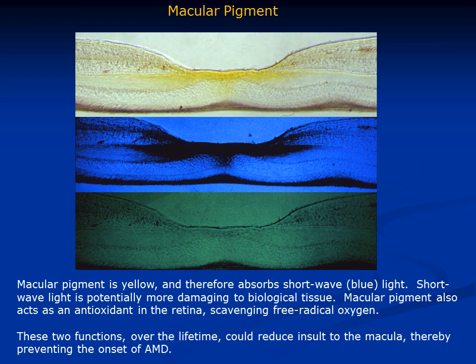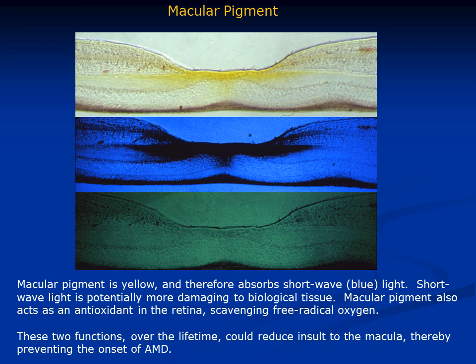That is really great. I mentioned before, blue light has higher energy per quantum than other forms of light, like green. You see in the bottom there, it transmits all the green. And so lutein, macular pigment, is helping the retina, protecting it in two ways.